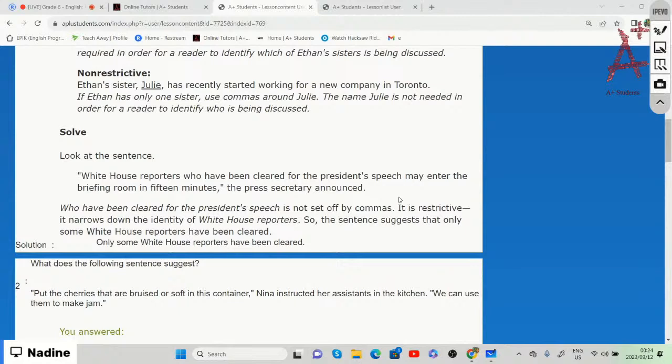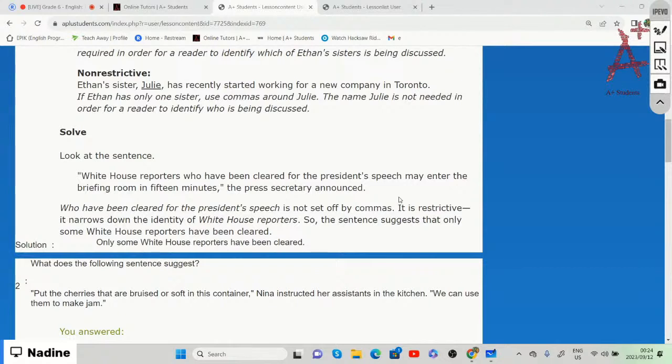So who or what is being discussed? The White House reporters. We are discussing the White House reporters who have been cleared for the president's speech. So then they may enter the briefing room. Does it specifically mean that all White House reporters have been cleared?